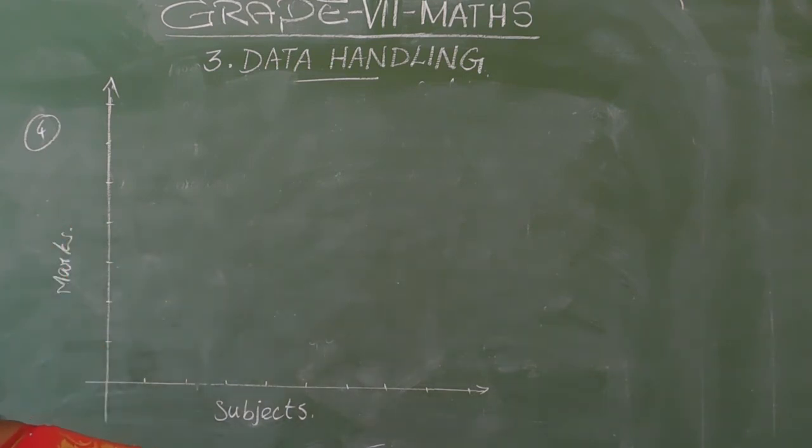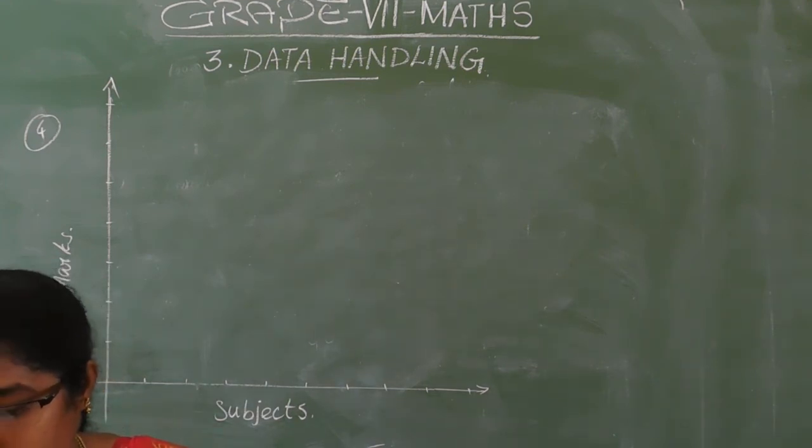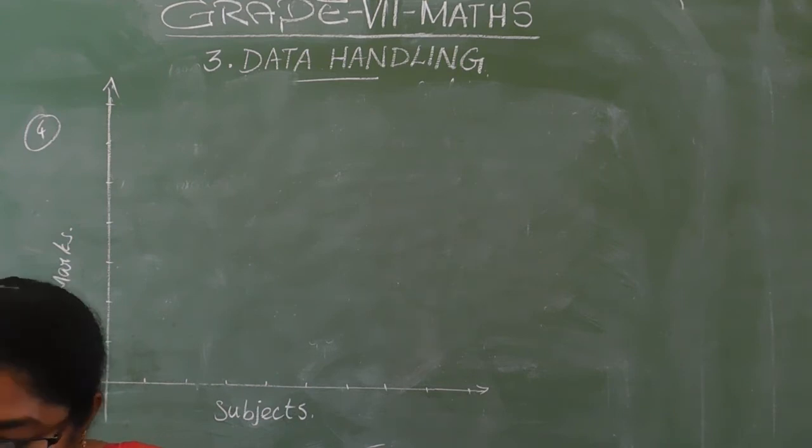The marks are 67, 72, 88, 81, 73. So we can take 5 units. 5 units means it's bigger, but we have a smaller line. So we take 10 units. That's very easy. 10 units. Okay, plotting the values is easy too.